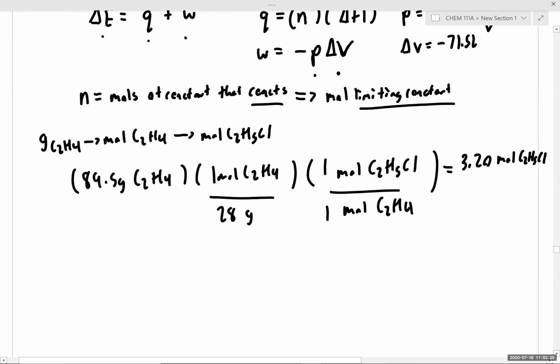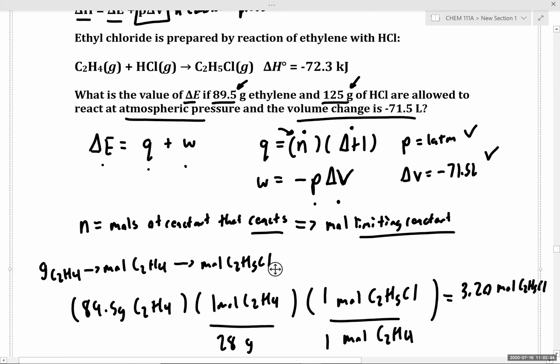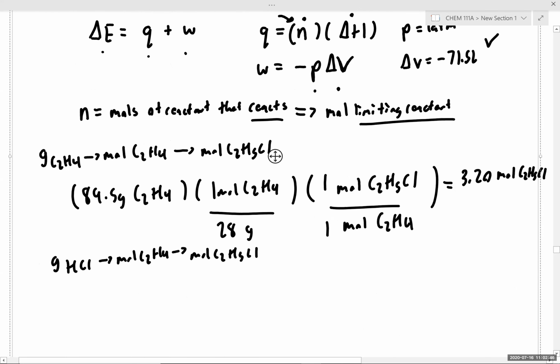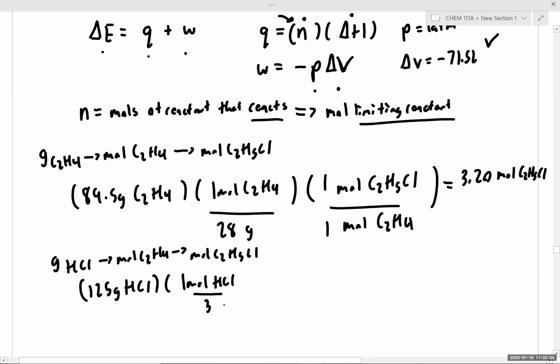Let's do the same calculation, except this time we'll start from the grams of hydrochloric acid and calculate the expected yield of ethyl chloride. We take 125 grams of hydrochloric acid. We know that we have 1 mole of hydrochloric acid per 36 grams.